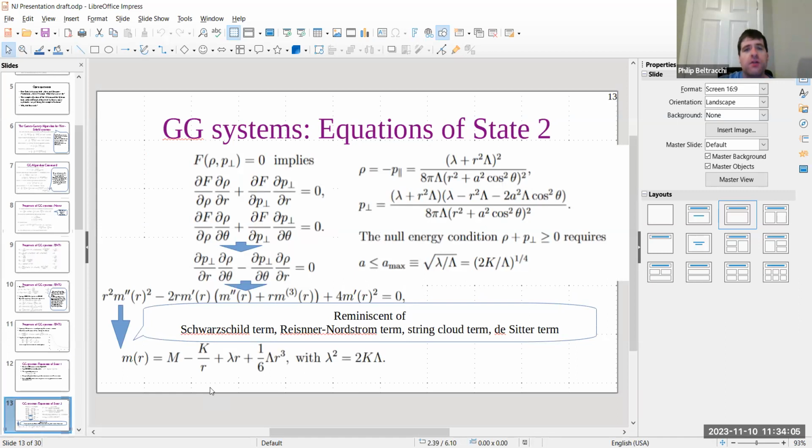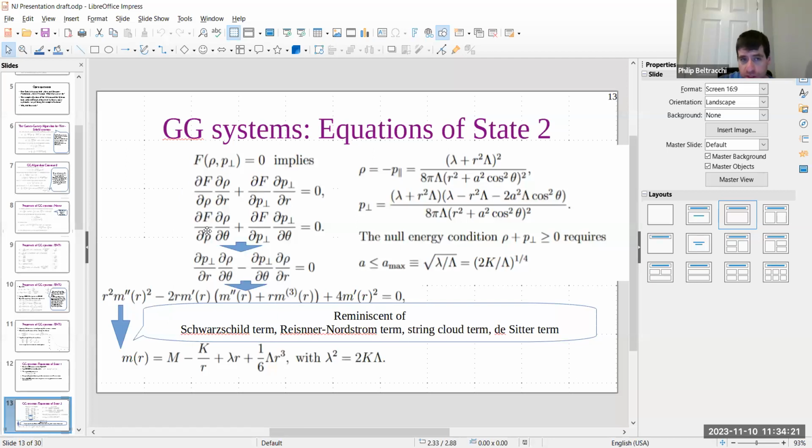So, in order to determine what the circumstances were, we take partial derivatives of the equation of state. We get that these expressions, the partial derivatives with respect to r and theta, would be equal to 0.